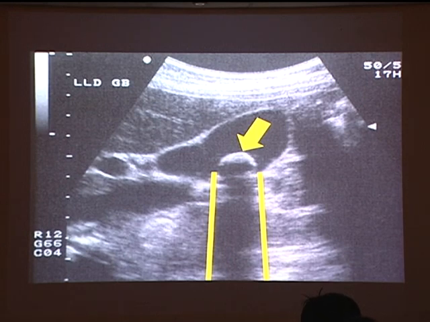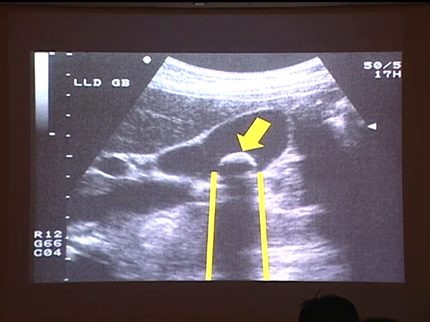However, gallstones are variable in size. If you see a tiny gallstone, especially less than 4 millimeters, it will not cause an acoustic shadow, so it will be hard to differentiate from a gallbladder polyp. To differentiate them, maybe you have to move your patient from supine position to left decubitus and see if the structure is still there.